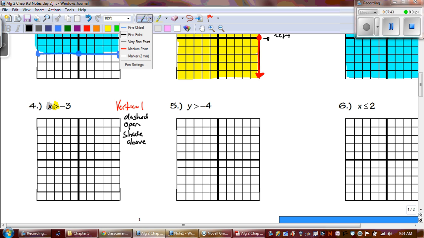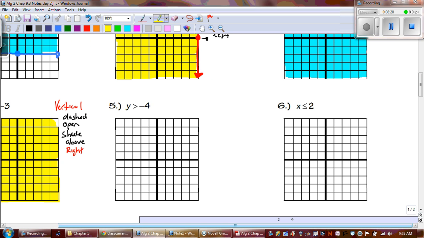So let's see what that looks like. At -3, I'm open. It's an x, so it's a vertical line. And we have a dashed line. How do I shade above? It's vertical. Okay, so on a vertical line, numbers that are greater, we end up shading to the right. Okay, because when we go to the right, the numbers get bigger. And there we go.